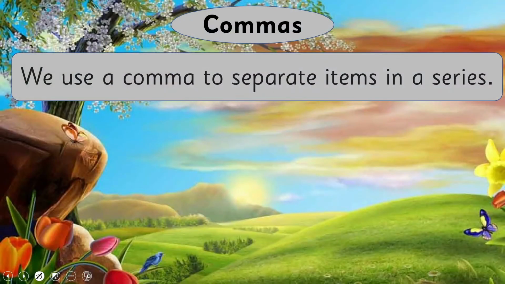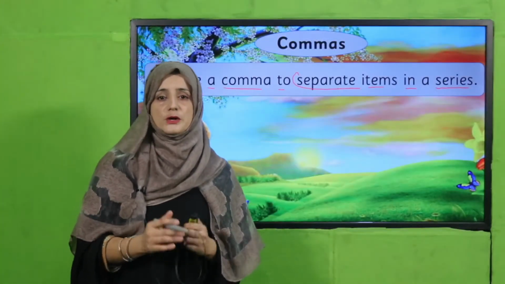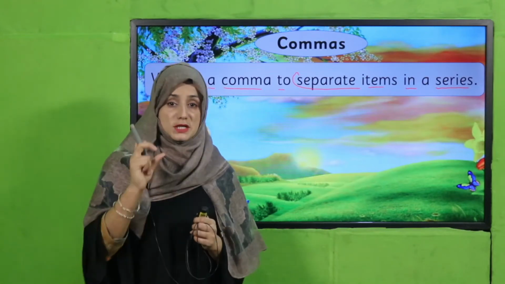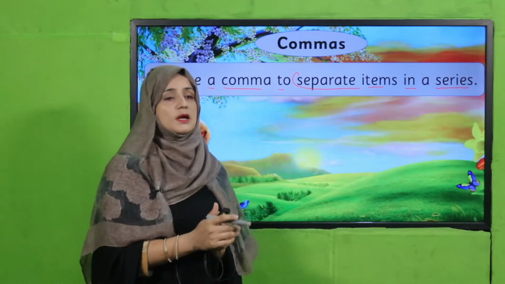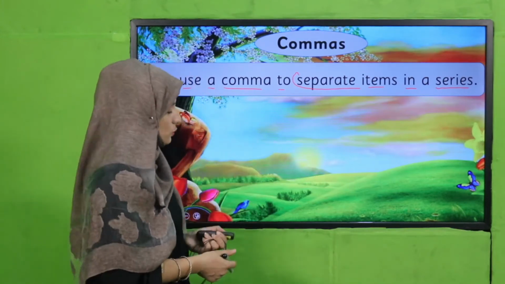Yes, what are commas? We use a comma to separate items in a series. Yes, my dear students, when we are talking about a lot of items in a sentence, then we have to segregate them by using a comma. You can judge there.